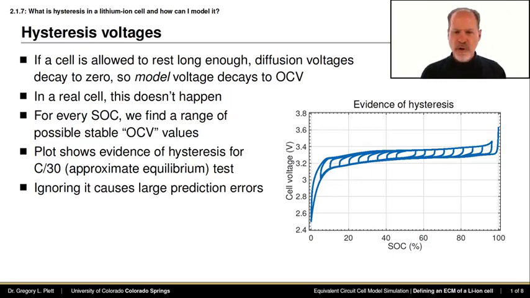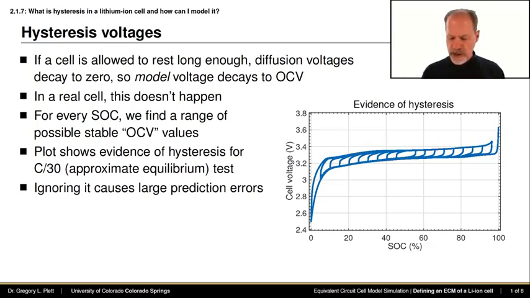If we ignore the existence of this phenomenon, it's going to lead to very large state of charge prediction errors when we look at how to compute state of charge in the third course in the specialization. For example, suppose that you measured in a real battery cell a voltage of 3.3 volts.